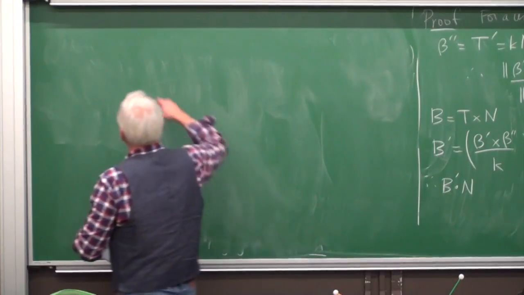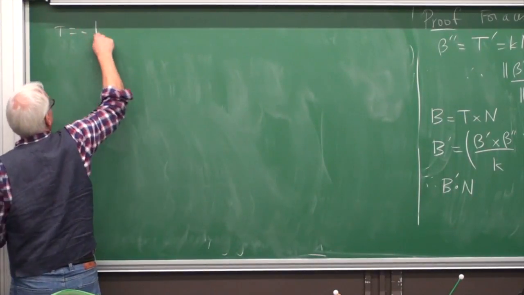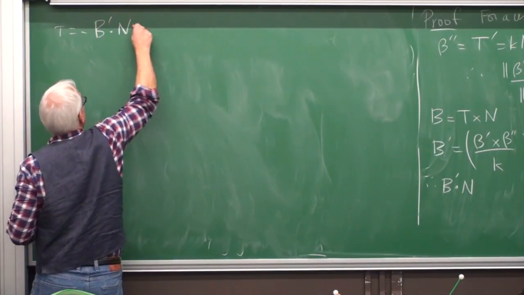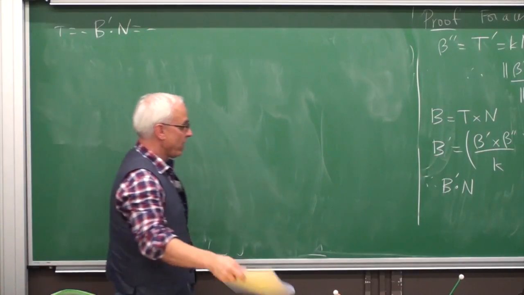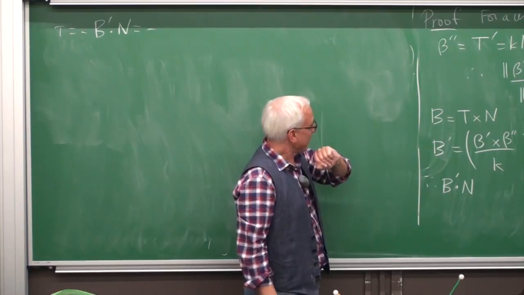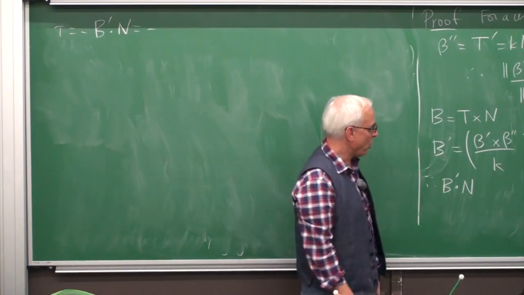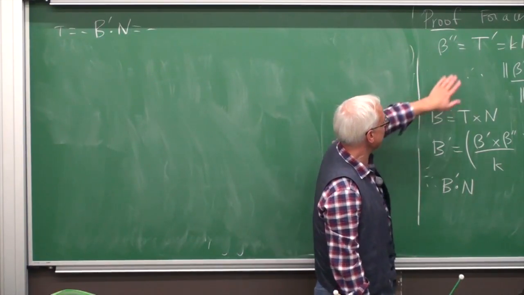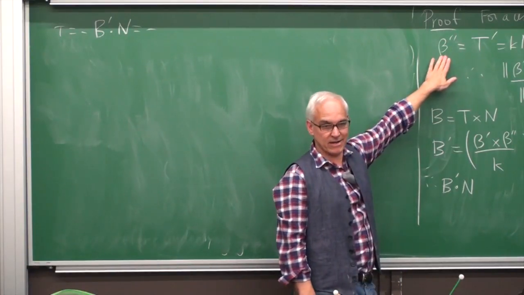All right, so we're interested in tau, which is minus beta prime dot n. What happens when we dot this with n? Well, n is in the same direction as beta double prime.